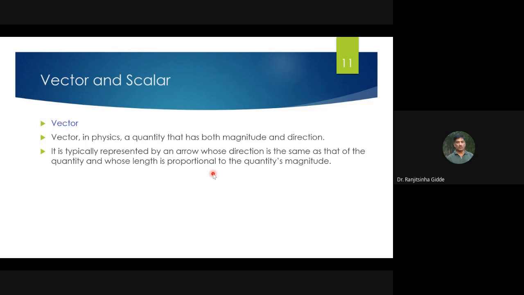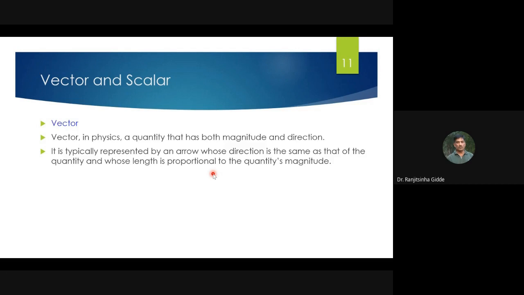What is a vector? A vector in physics is a quantity that has both magnitude and direction. Though it is simple, you should write it down. And how is it represented?